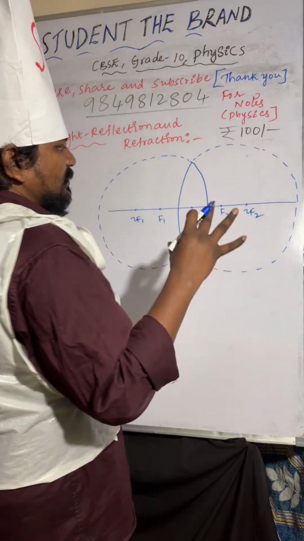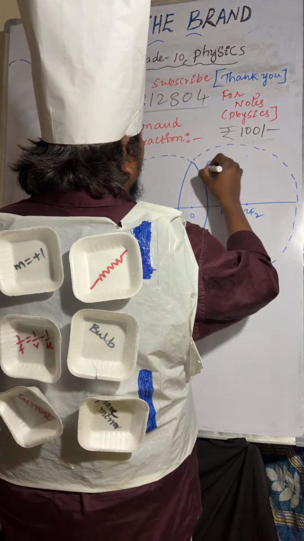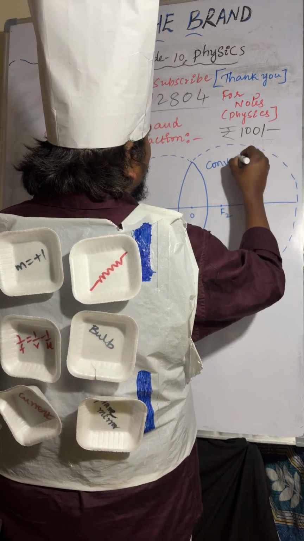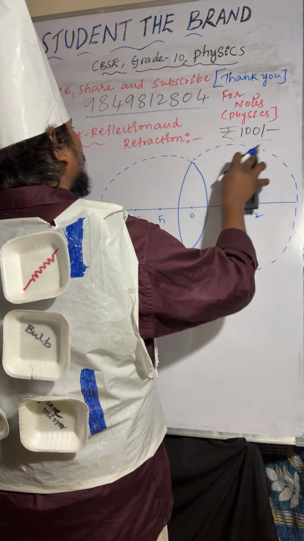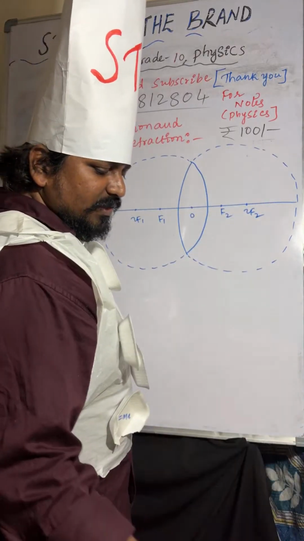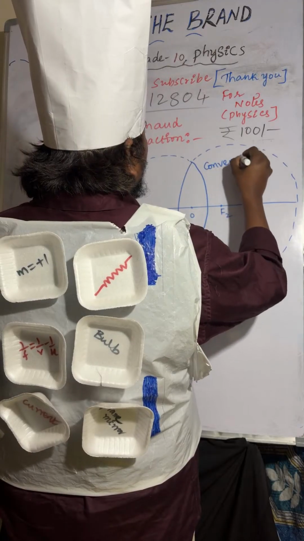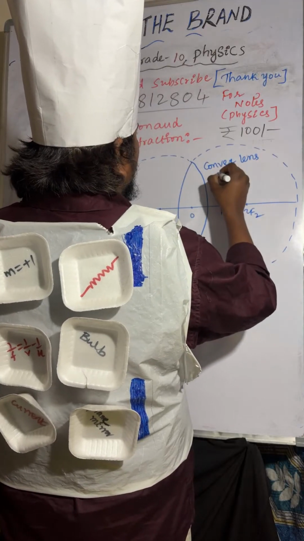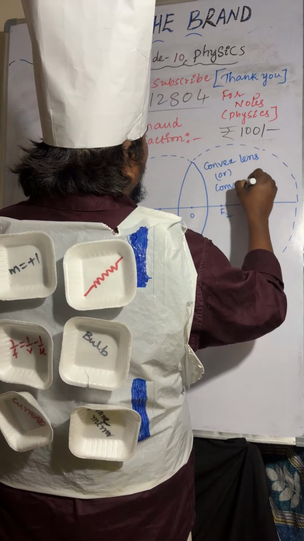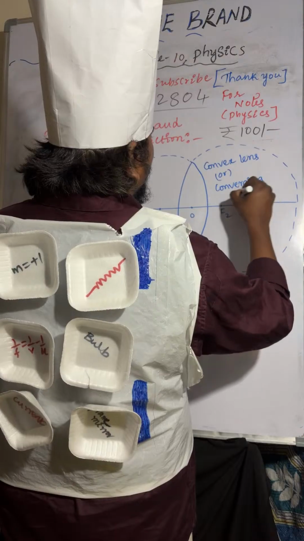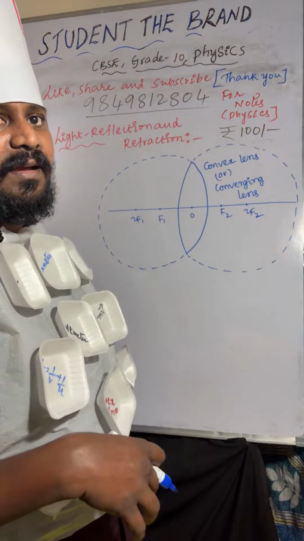This lens is also known as a converging lens. Convex lens is converging. So why are we calling the convex lens a converging lens and the concave lens a diverging lens?